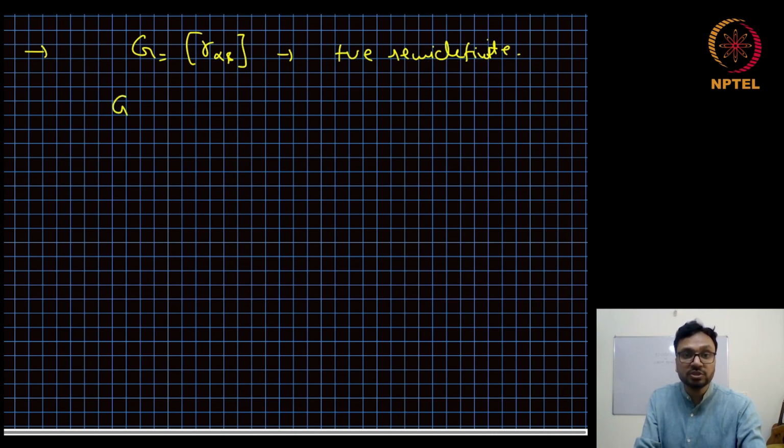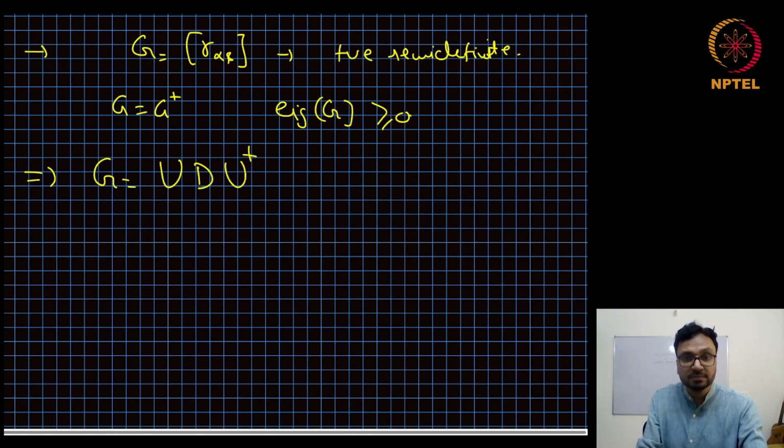It means G is Hermitian and the eigenvalues of G are always non-negative. It means G can be written as U times D times U dagger, where U is unitary and D is some diagonal matrix. And let us say the entries of D are gamma 1, gamma 2, up to gamma n.